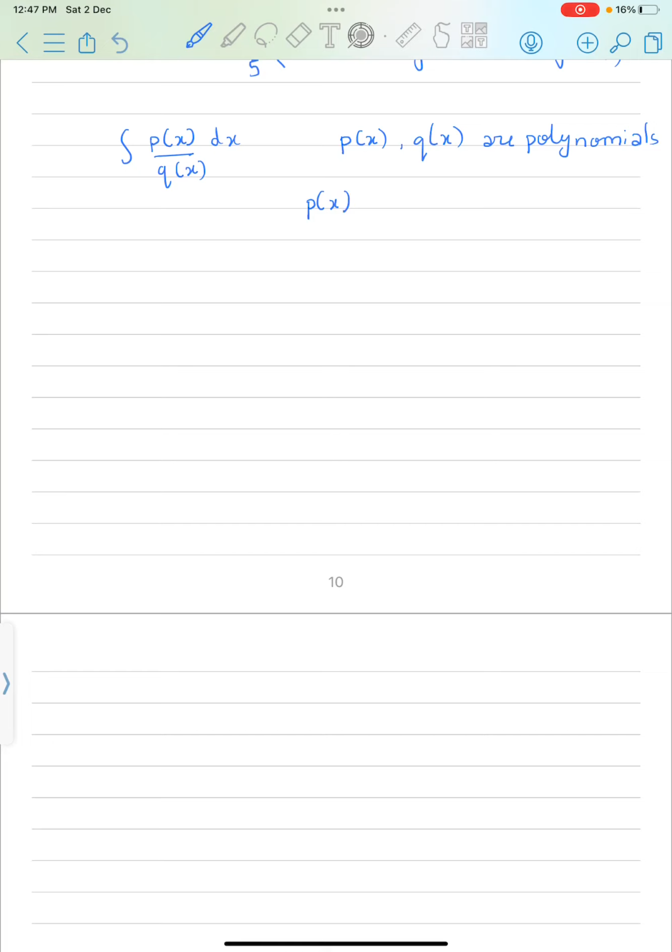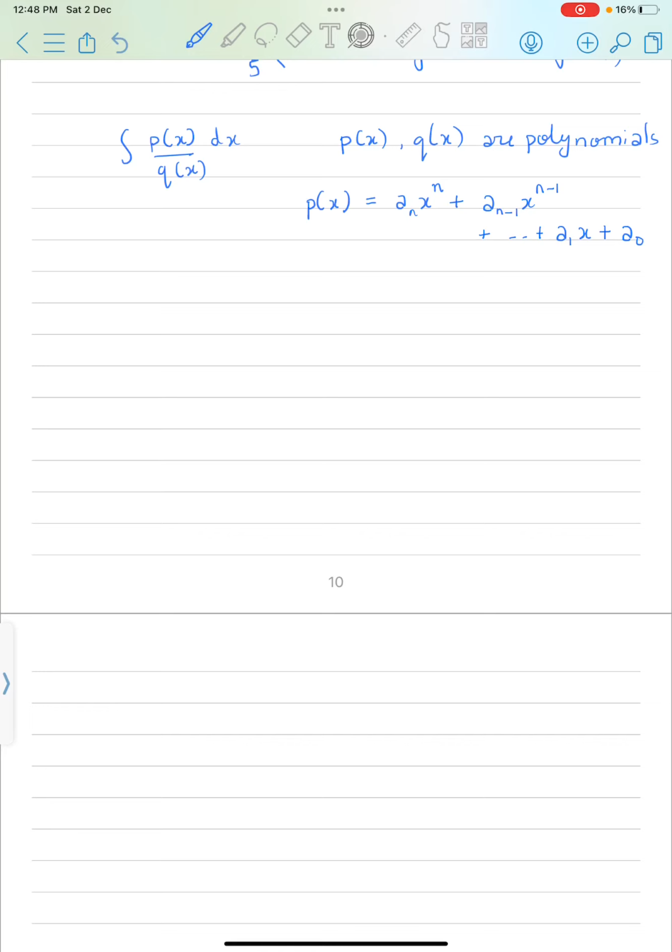p(x) is said to be a polynomial if it is of the form p(x) equals a_n x^n plus a_(n-1) x^(n-1) till a_1 x plus a_0.